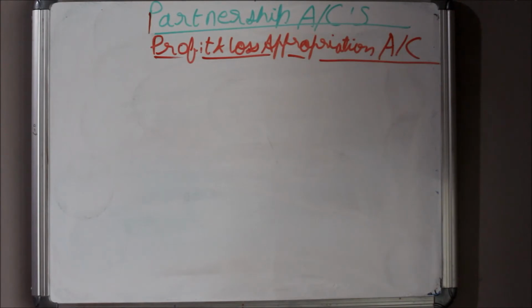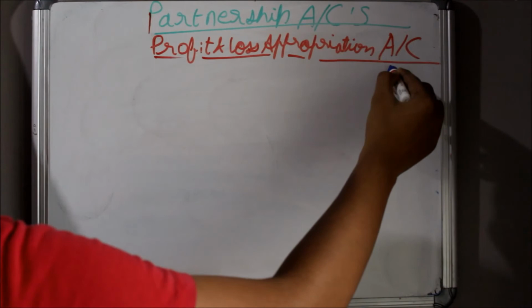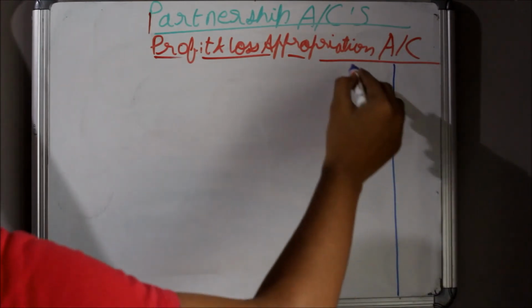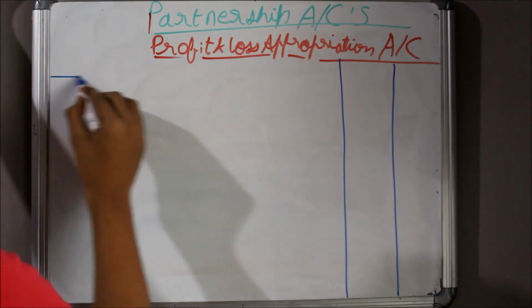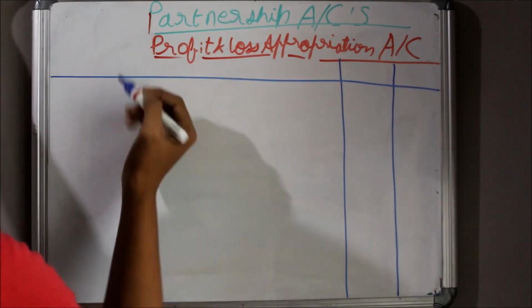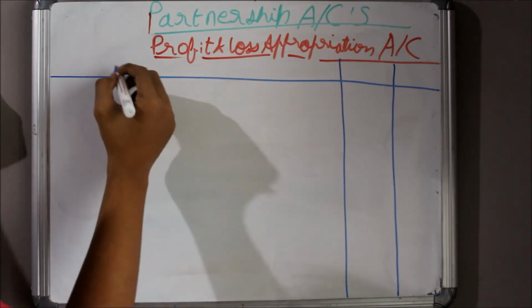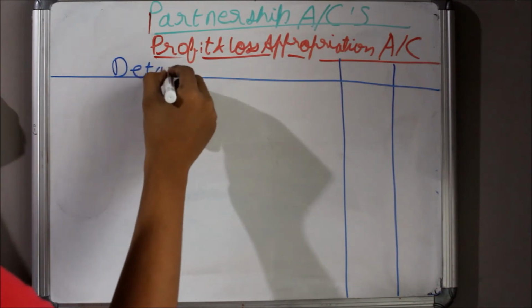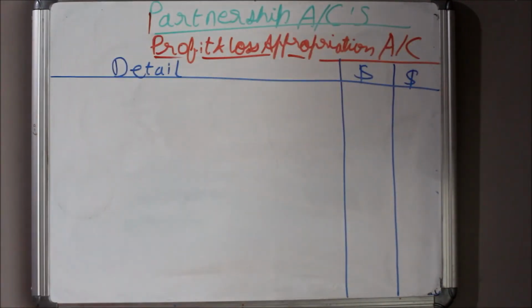So first of all we're going to create 3 columns: there will be an amount column, another amount column, and then there will be detail. Detail does not have to be this big, I'm just drawing it for my own convenience. Over here, I'm going to write detail and then amount and amount.